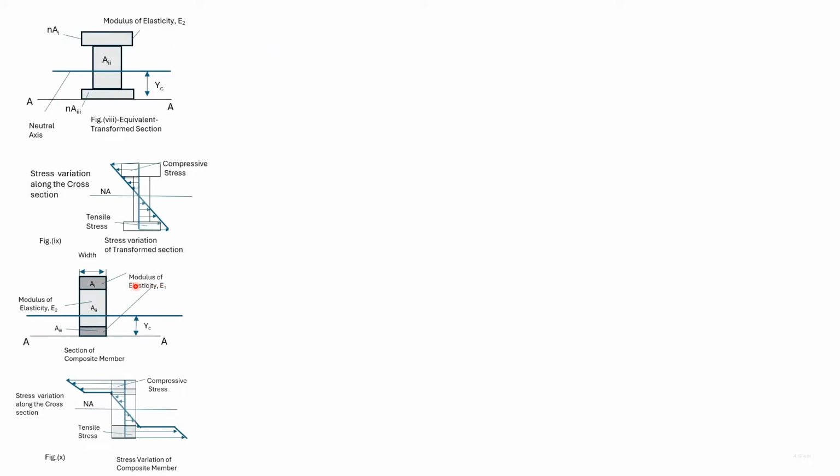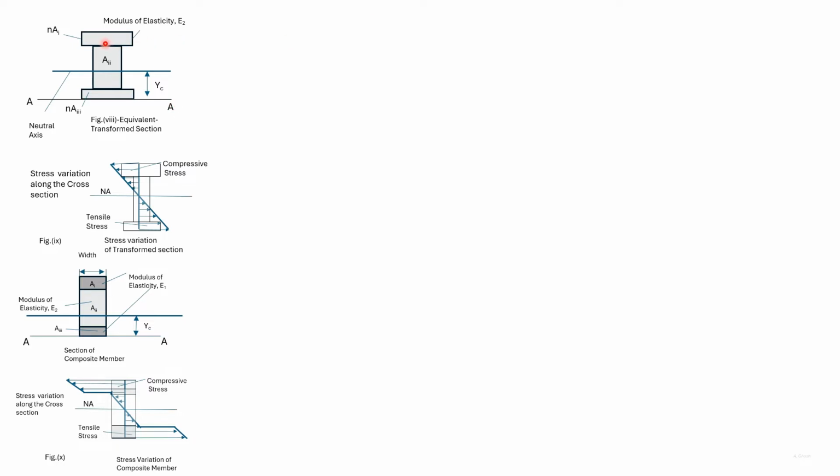We have divided the composite member into three areas, A1, A2, and A3. In the equivalent transformed section, A2 remains the same as the composite member, but A1 is multiplied by N and A3 is also multiplied by N. We can get the centroidal distance of this transformed section from AA.